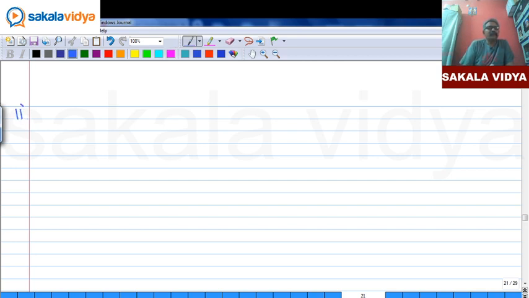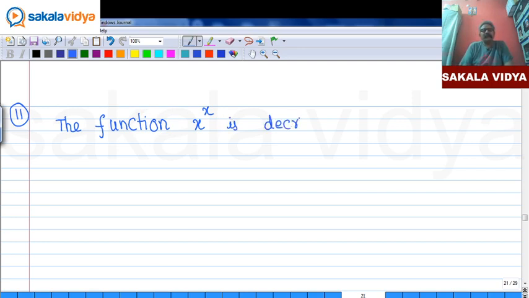Next, 11th one, the function x to the power of x is decreasing in.